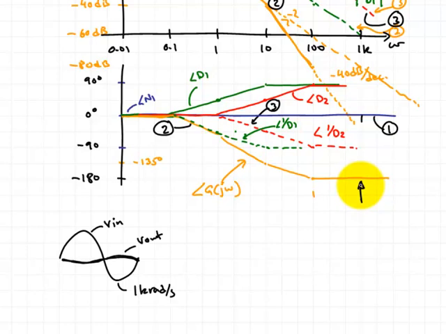At that point, I'm told that my phase is minus 180 degrees, and my magnitude, oh my goodness, this keeps going down, I'm going to be at minus 80, minus 120. I will be at minus 120 dB. So if this is 1 here, the magnitude of this guy here is going to be minus 120 dB.